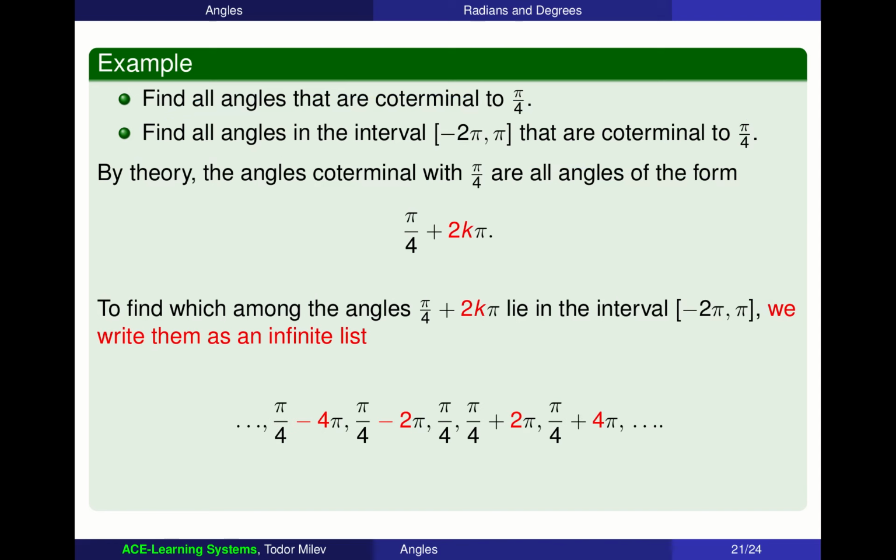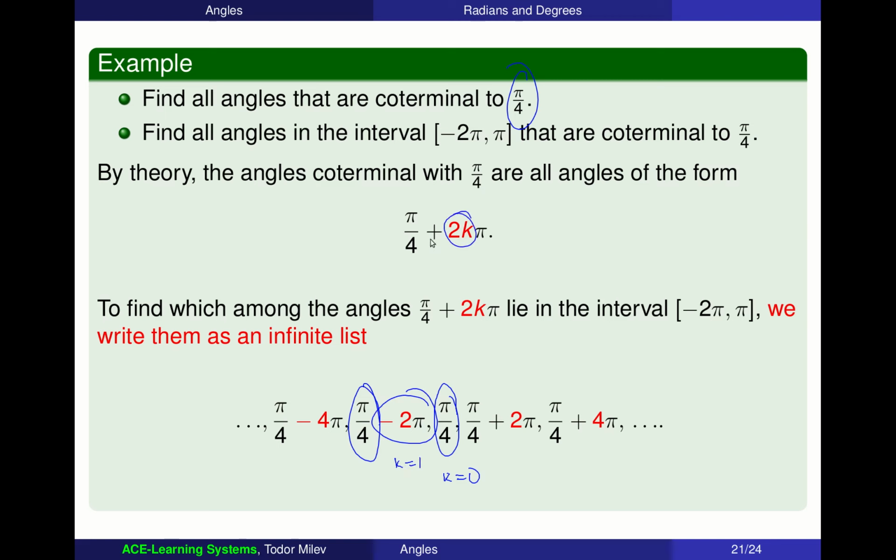You write the numbers in an infinite list. So in the middle, you write the number pi over 4. And then you write pi over 4 minus 2 pi. So here we're having the number k equal to 0. Here we're having k equal to 1.